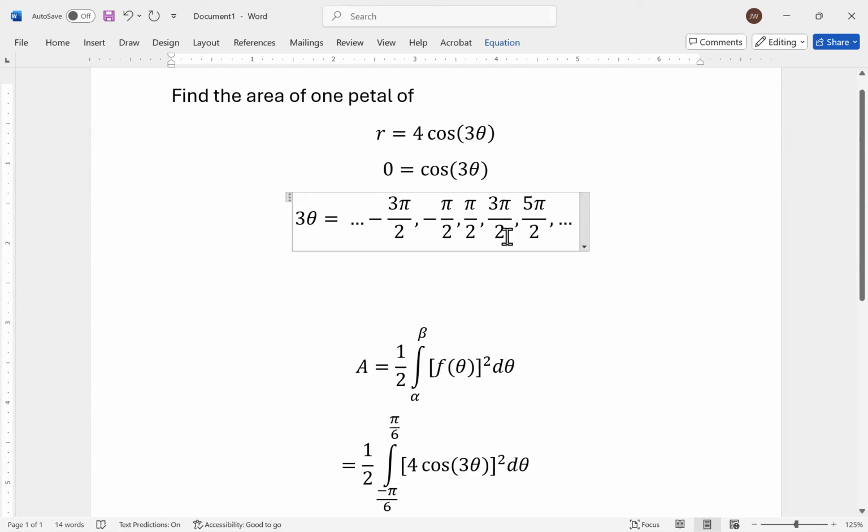Since 3 theta equals that, dividing everything by 3 would give me that theta equals all of these things, except I get a denominator of 6.